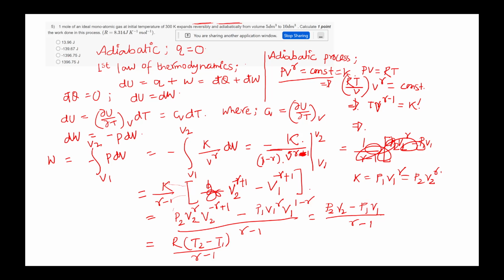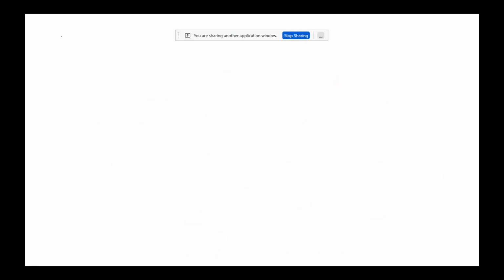Okay. So there we can write this as R by gamma minus 1 into T2 minus T1. Also remember, Cp by Cv is equal to gamma, and Cp minus Cv is equal to R. If you divide this expression by Cv, then Cp by Cv minus 1 is equal to R by Cv.